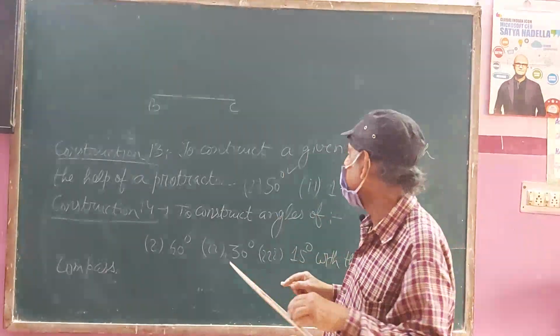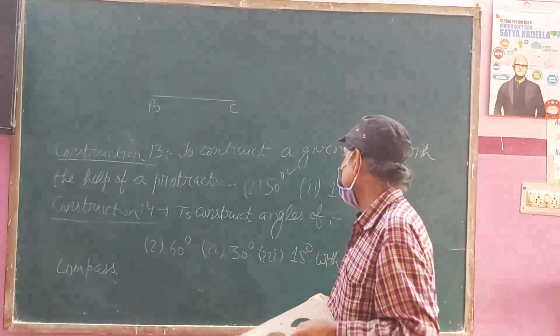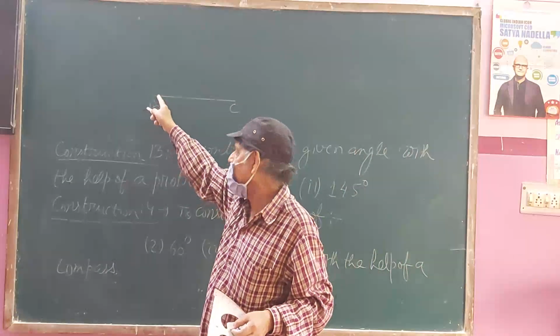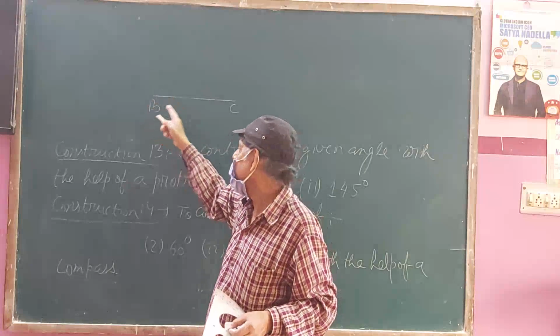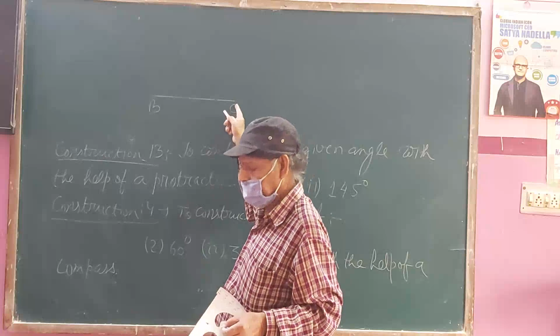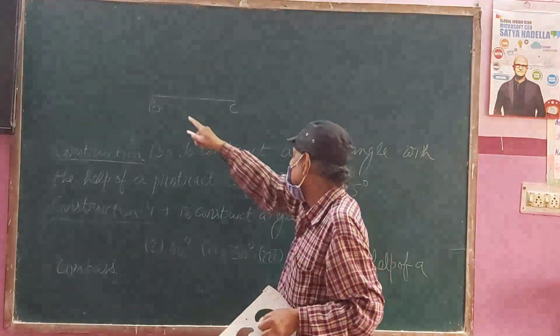Accordingly you have to take the upper scale or lower scale. If you want to make it at the B end, you take the lower or upper scale. Similarly, the scale will change if you make this angle at C.